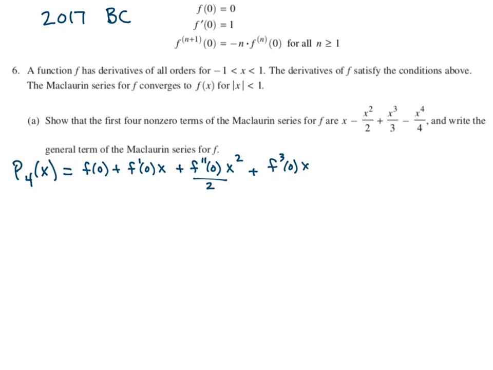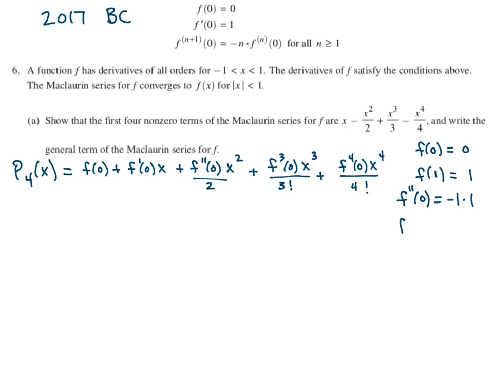First thing I want to do is write out my general polynomial of fourth degree. So it's P4 of x, where all of my derivatives match with the powers and the factorials. So really you need to find your list of derivatives. They give you the first two, but then you have to find the next one. So f of 0 is 0, f prime of 0 is 1. Here's where it gets a little bit tricky.